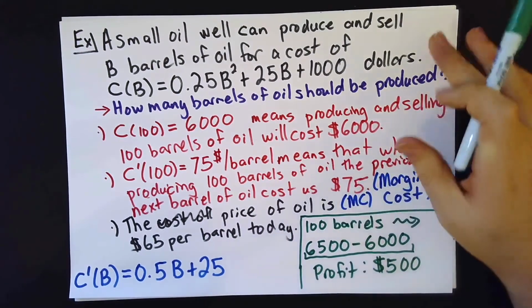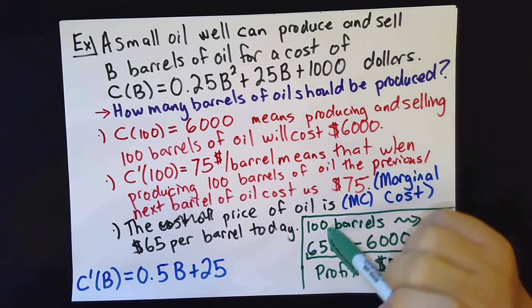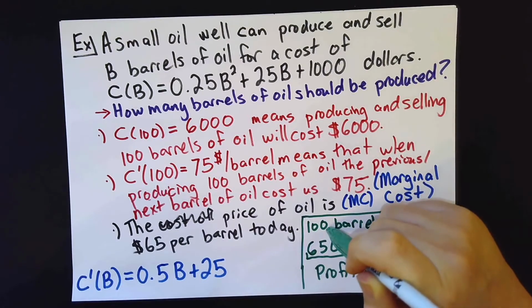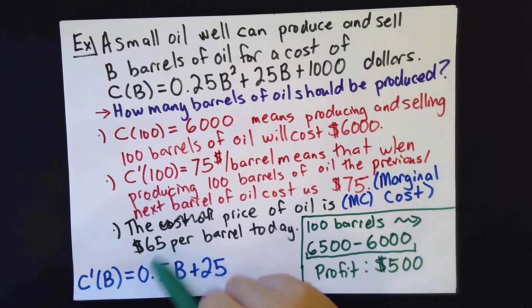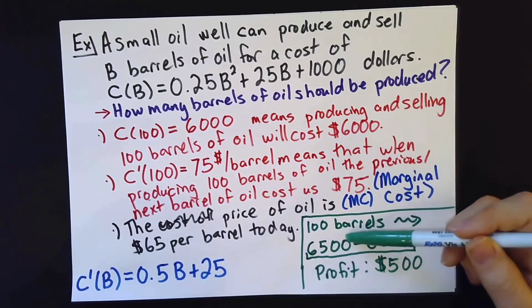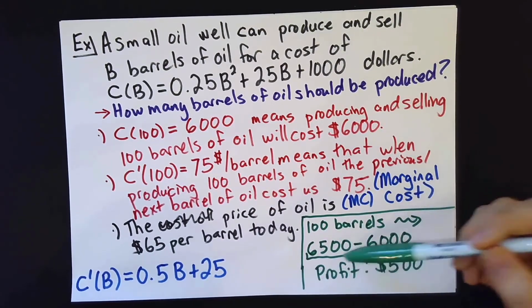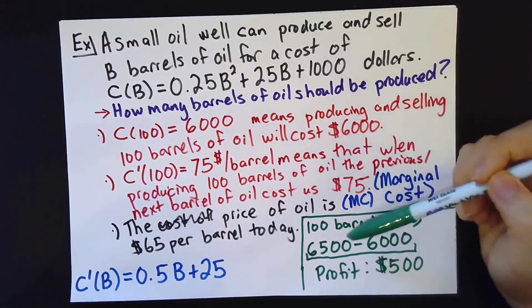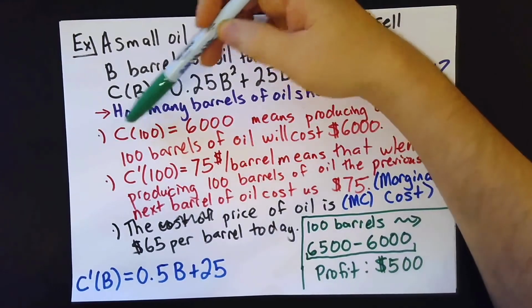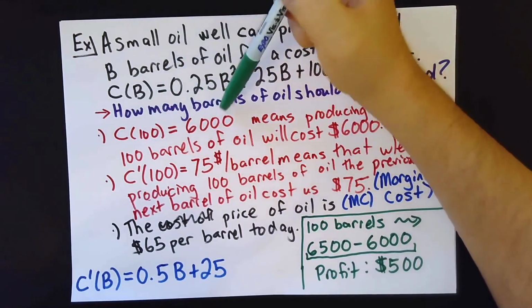Again, to run through that, if I make 100 barrels of oil, I sell them for $65 apiece, which makes me $6,500. But I had to pay to make those 100 barrels of oil, and the amount that cost me was C of 100, which was $6,000.